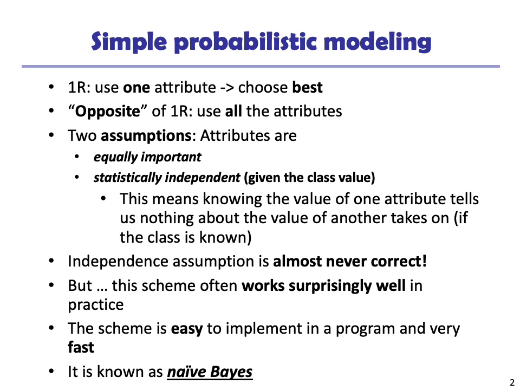So now they thought, can we do something completely the opposite? Now let's take all the attributes, not just one, and then do one very important assumption. In order for this whole thing to work, you'll have to do two things. You have to assume that all your attributes are equally important, so all of them have the same weight.